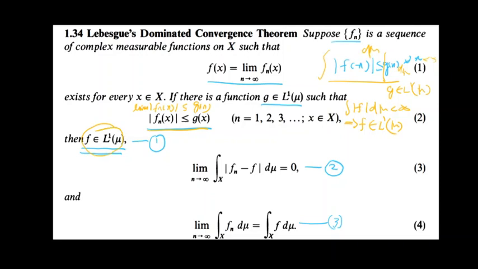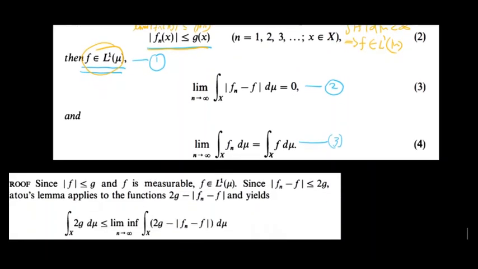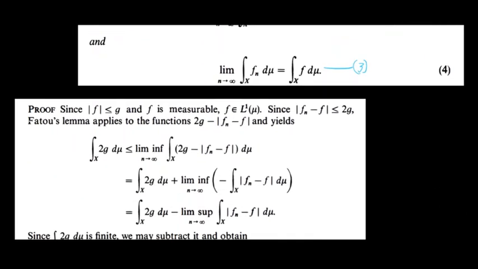Now look at the second result, that is, the limit as n tends to infinity of the integral over X of |f_n minus f| d mu equals 0. For this we consider 2g minus |f_n minus f|.